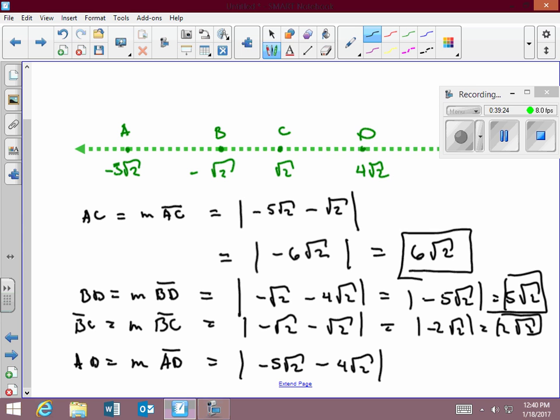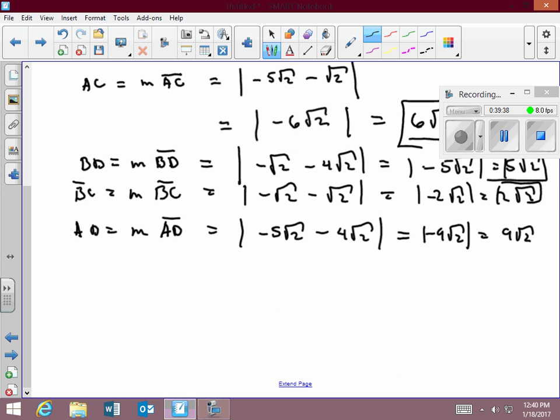They never gave us AB, did they? So this is going to be minus 9 square roots of 2, which is 9 square roots of 2.